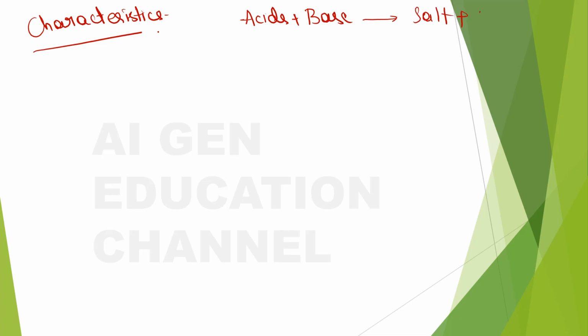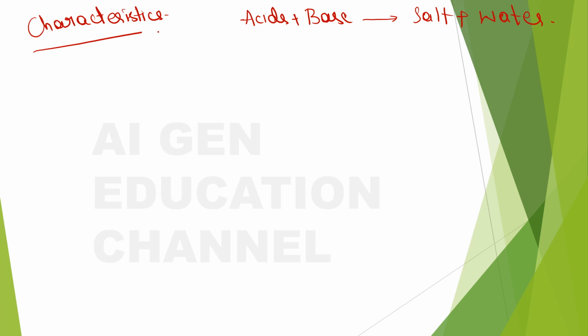From the first video itself, this concept is clear to you. Now we are just giving it a name. When acid and base combine, they get neutralized and become salt and water. If it is completely neutralized, the salt will be neutral. But in case of incomplete neutralization, you will get either acidic salt or basic salt.